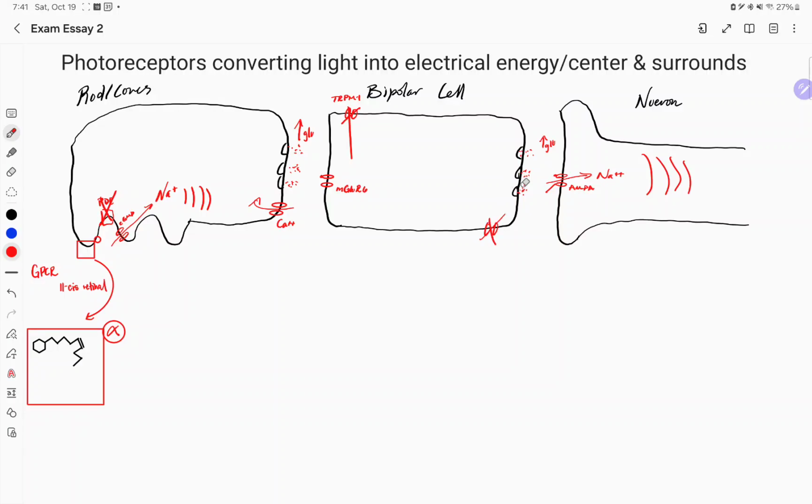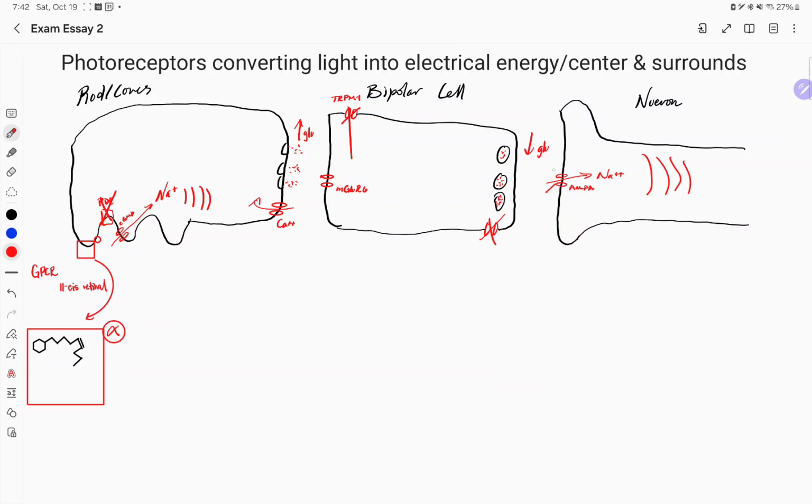And if there's no calcium coming in to help these vesicles out, then these vesicles are hanging out here with their glutamate in them, but they're not being released. So that means low glutamate here now instead of high.